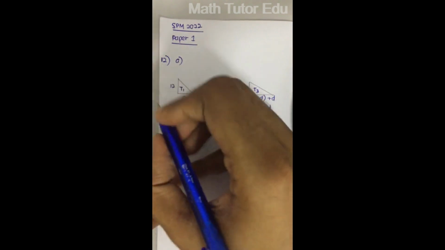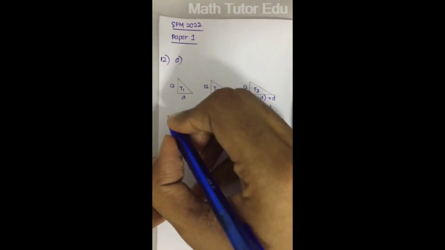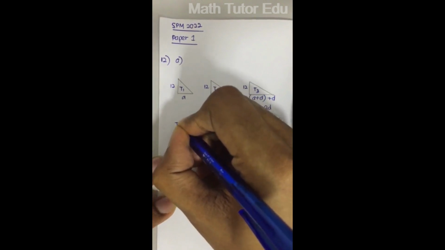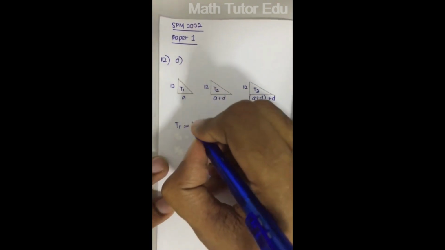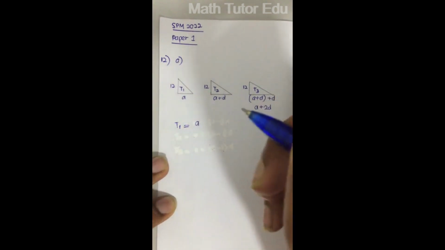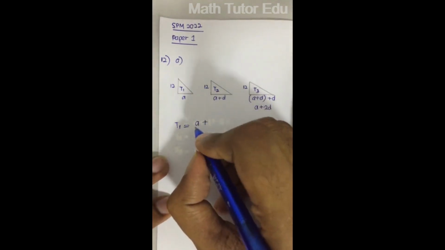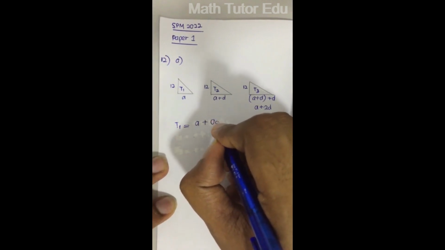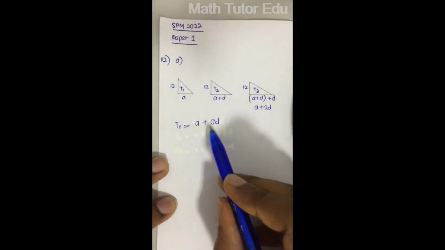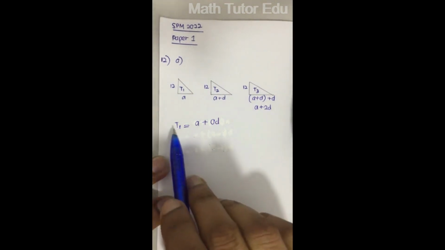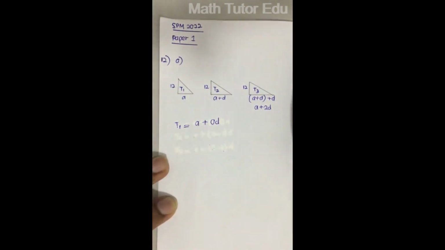In terms of the length of the base, start with triangle 1, which equals a. You can also write it as a plus 0d, since 0 times d gives you 0. So this is the length of the base of triangle 1.